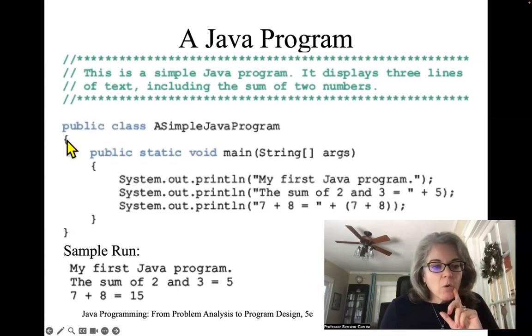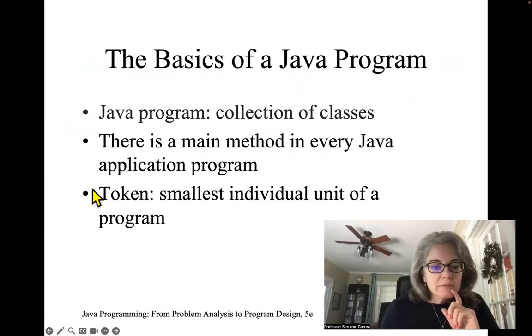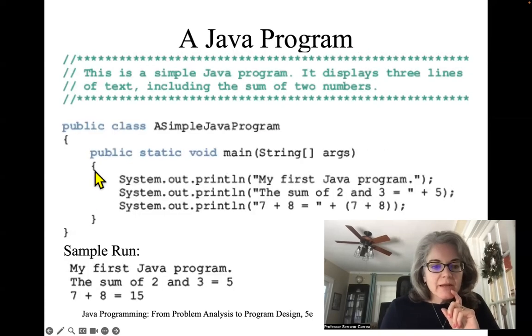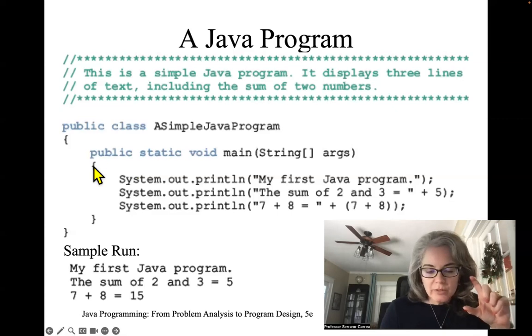Notice you have this open curly brace and closed curly brace; this one and this one are for the class. This one and this one are for the main method. So this is what we call the body of the method right here. It's the things between the open and closed curly braces. It's also called a code block. So this is the code block right here.